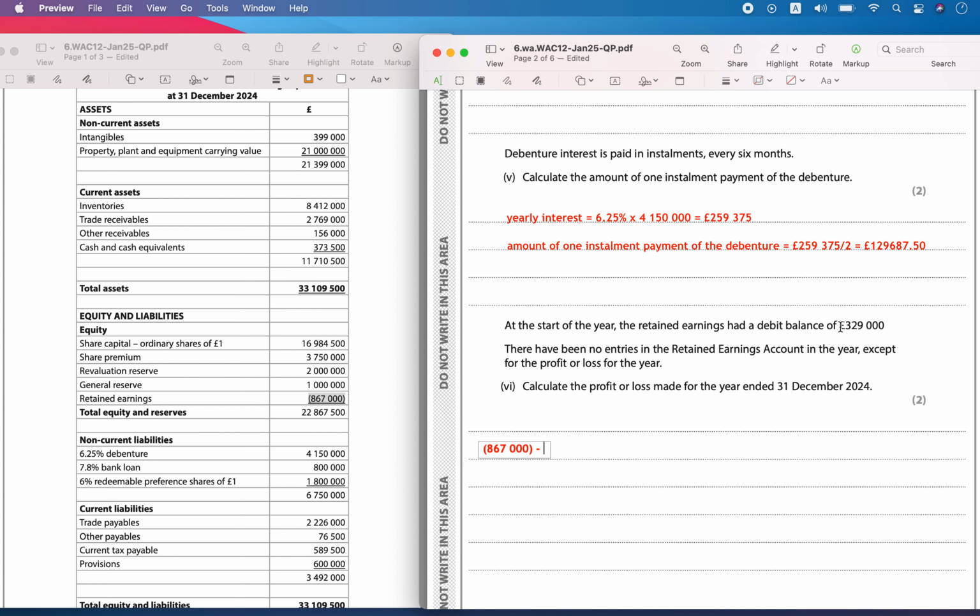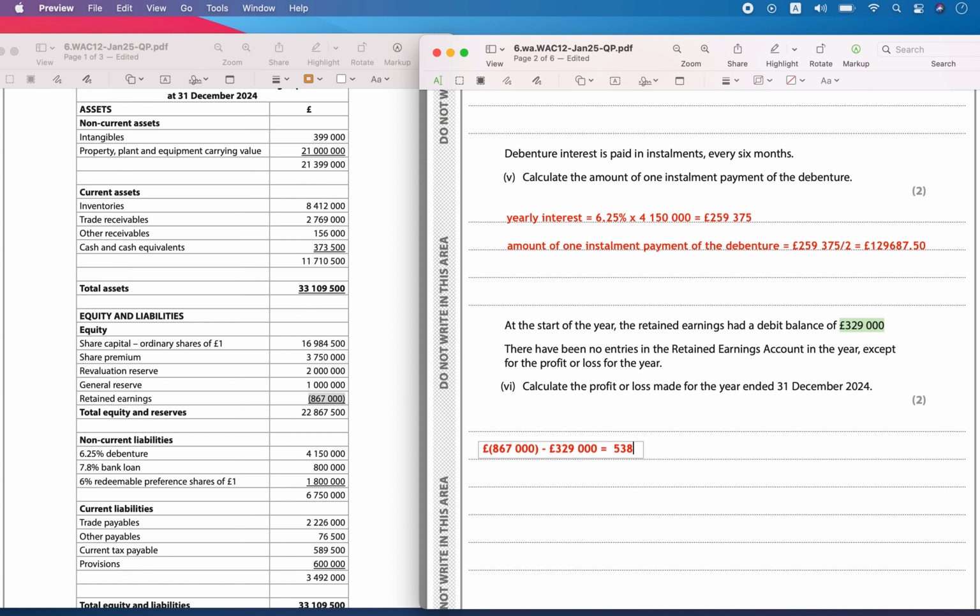That is whatever profit or loss was transferred to here. So this minus 329,000. At the beginning they had a debit balance, then some profit or loss happened, and then at the end this was the amount. The total profit or loss which had happened, we can subtract here.